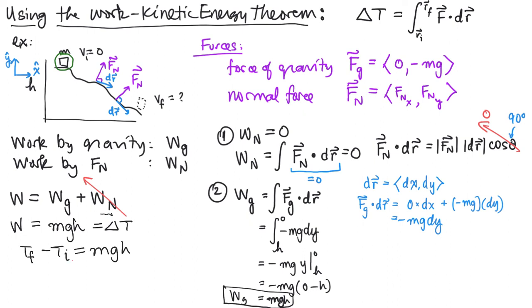We said in this problem that the box started at rest, so T final is mgh. T final is the kinetic energy, so we can find the final speed. And notice our final speed will not depend on the mass of the box, but it will depend on how high up the box started.